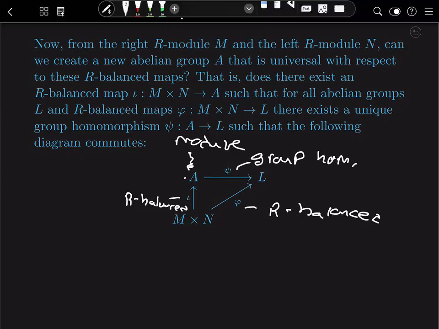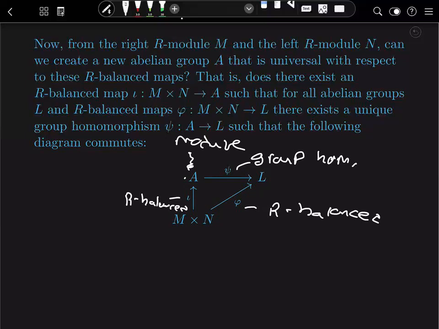And essentially what we're looking at is A is kind of like the best approximation for which we can place our Cartesian product in, such that our balanced maps turn into kind of R linear maps or S linear maps, depending on what structure we're working over.